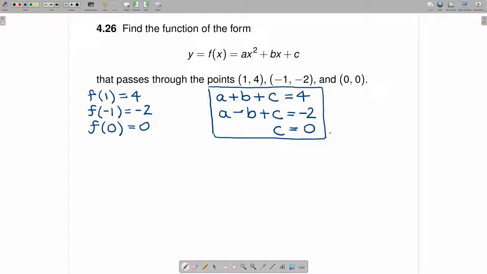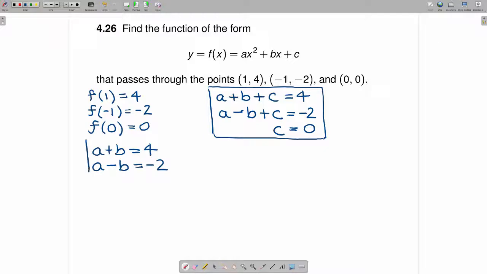So what we have here is 3 equations in 3 unknowns, and we need to solve those equations. Now, we're very fortunate because this third equation is already solved for c. So we can take this c equals 0 and plug it into these first 2 equations, and then we will have reduced the system of equations to a plus b plus 0 equals 4, and a minus b plus 0 is equal to -2.